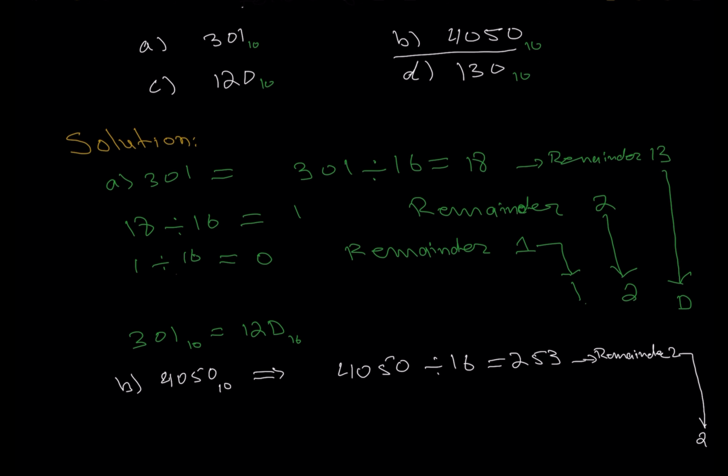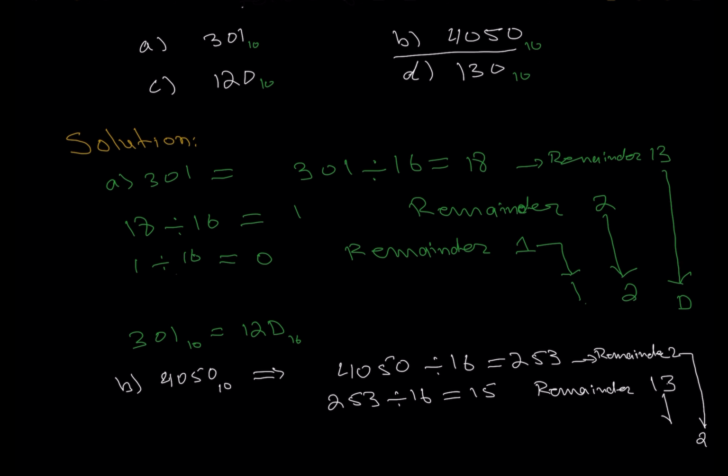Okay, now we got a quotient of 253. Divide that by 16. 253 divided by 16, you get 15 times. So your remainder is 13. 15 times 16 is 240, and 253 was divided, so we got 13.